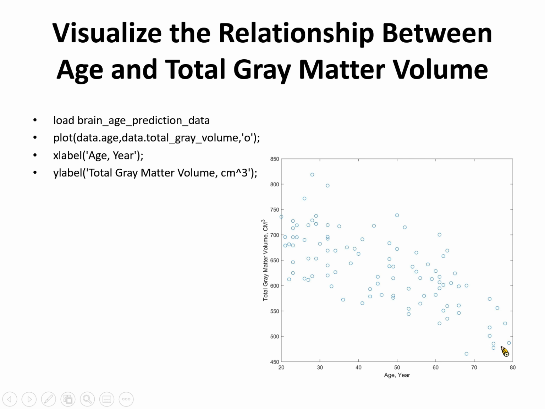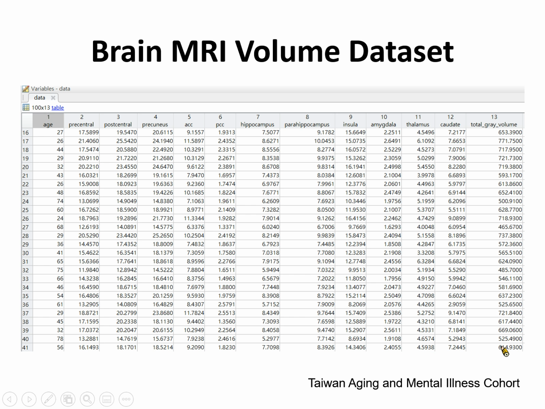We will jump to multiple linear regression. Our task is: can we use the 12 brain volume variables to build a model that can predict age? That is our task.